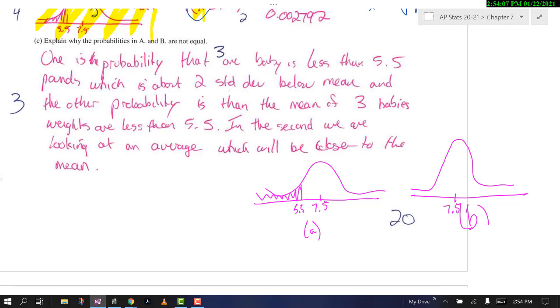That means we're less spread out. So 5.5, instead of being real close, it may be over here. And now there's just a little bit of shading. So the probability is going to go down.